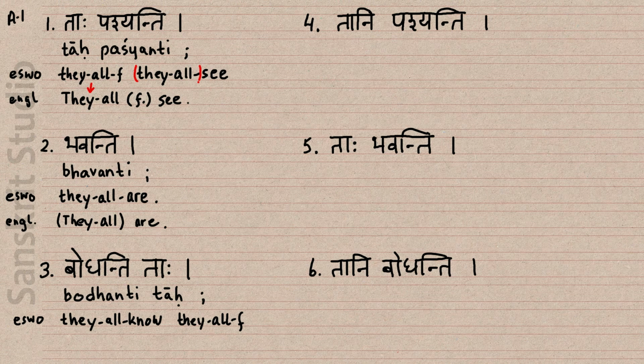We also had taha, but here the position was first in the sentence, but it's still of course the subject of pashanti. So in number 3 here, taha is also the subject of bodhanti, but its position in the sentence is a little more unusual in that it's at the end.